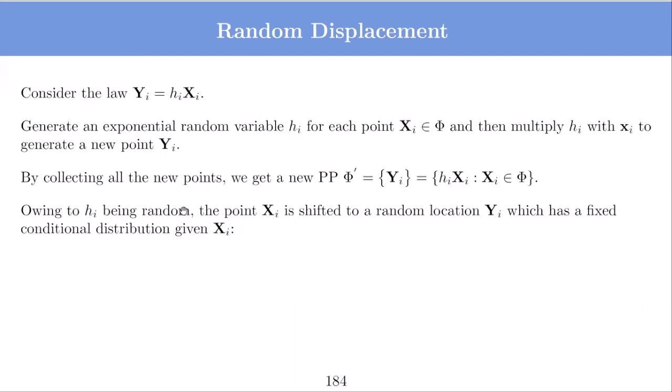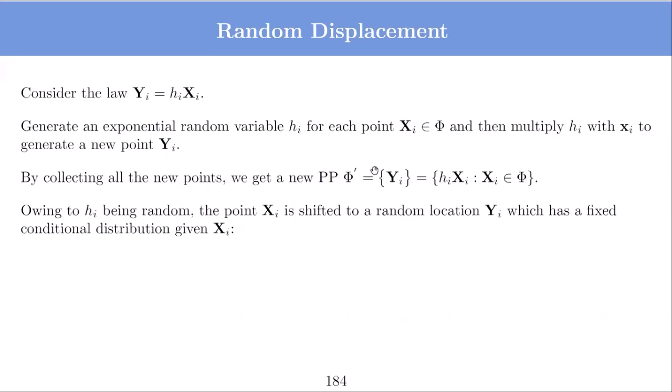So we collect all these new points and we get the new point process phi dash. We can write phi dash as made from the points yi such that yi equals hi into xi, such that xi belongs to phi. That relation tells you the one-to-one correspondence. You take the realization, you take points xi, you take hi xi, and then this is a new point process.